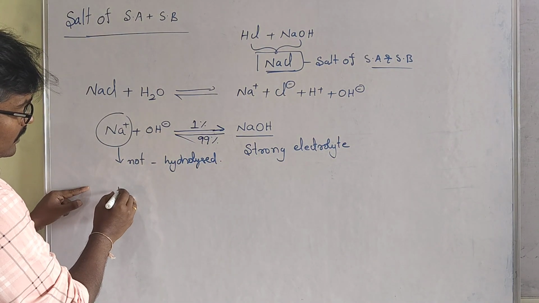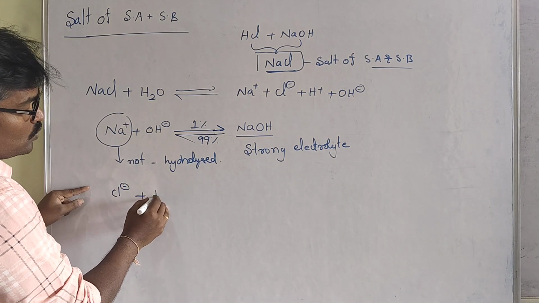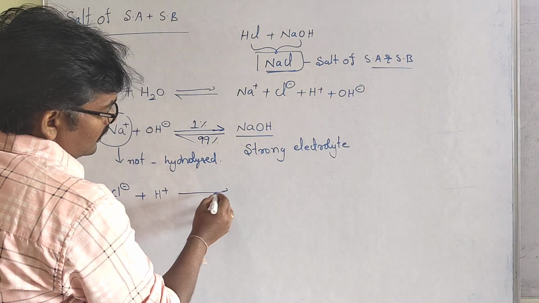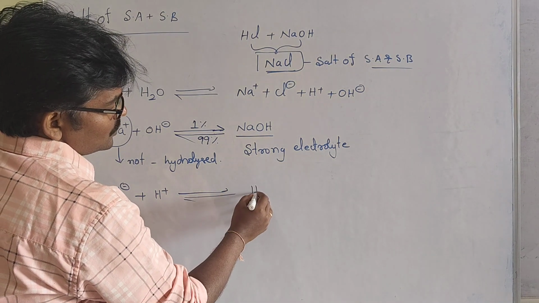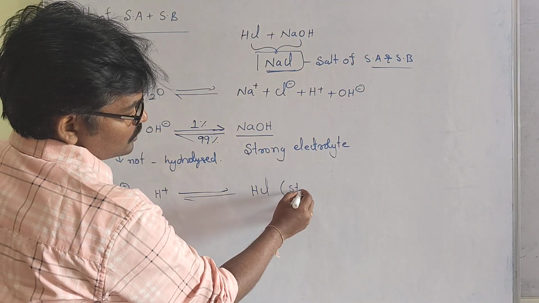Then if you take the Cl minus ion, it is going to attach to H plus, and HCl will be formed. HCl, as I told you, is a strong electrolyte.